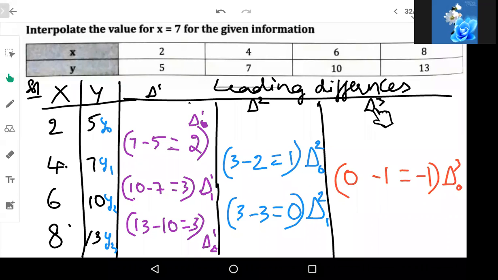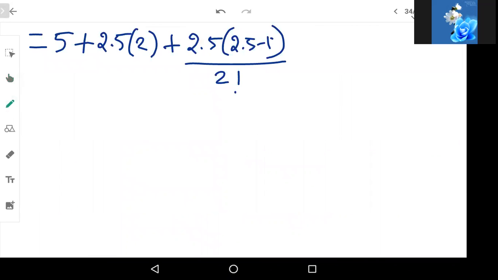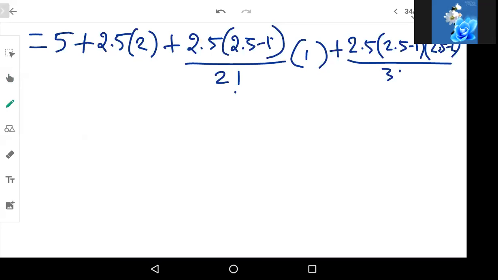And for the third leading difference there is only one value, which is minus 1. So it will be 2.5 into 2.5 minus 1 into 2.5 minus 2 divided by 3 factorial into minus 1, that is the third leading difference.